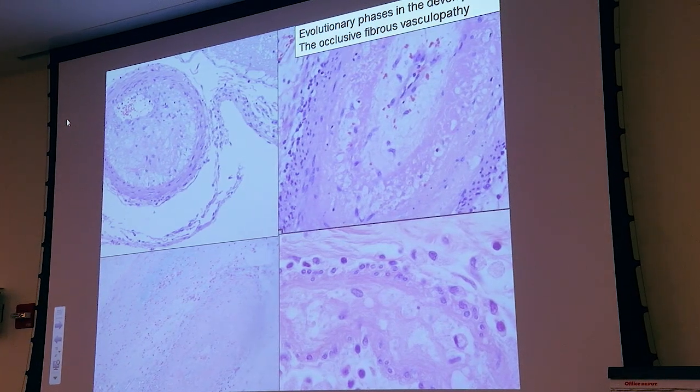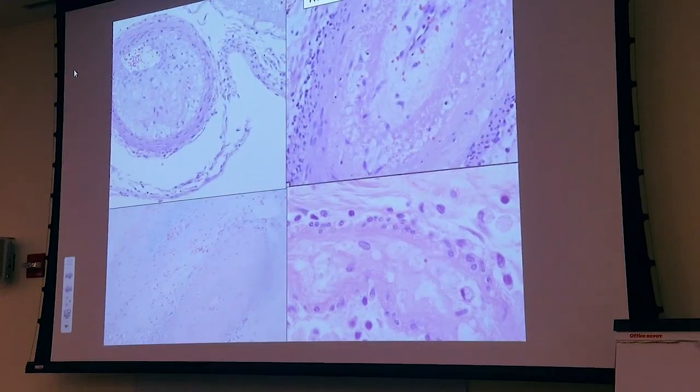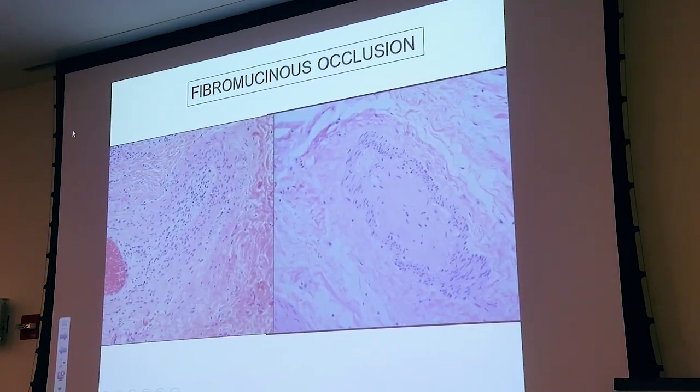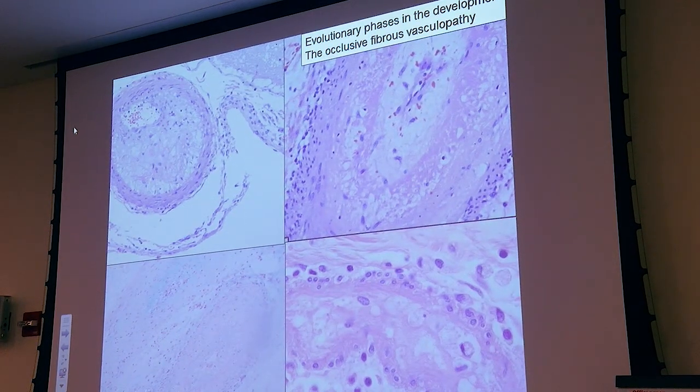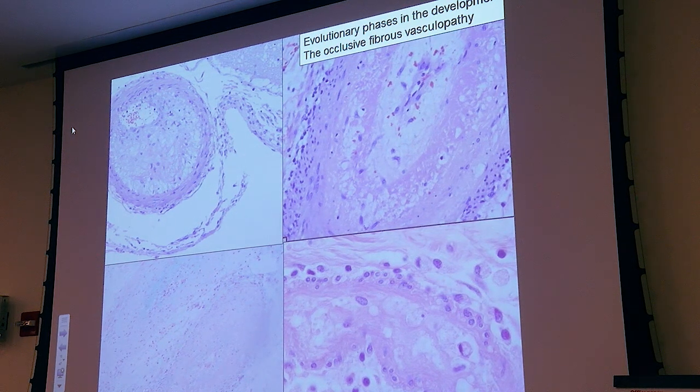So these sections of the intestinal tract show this very striking proliferative intimal arteriopathy. One can see how the intima is expanded by collagen, by mucin, and also these spindle cells. It is quite concentric. This is an Alcian blue preparation that shows the hyaluronic acid accumulating within the intima.